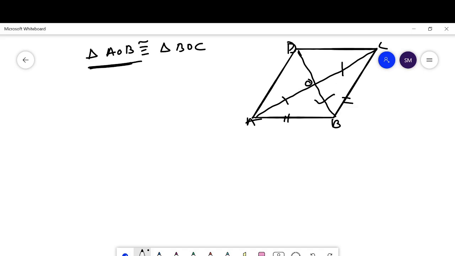Then by the SSS property, these two triangles are congruent to each other. As they are congruent, angle AOB is equal to angle BOC by CPCT.